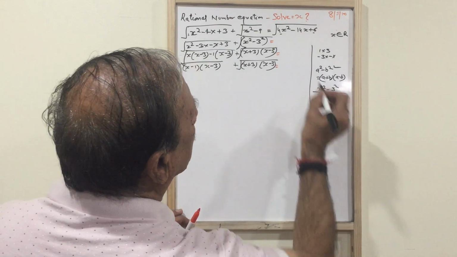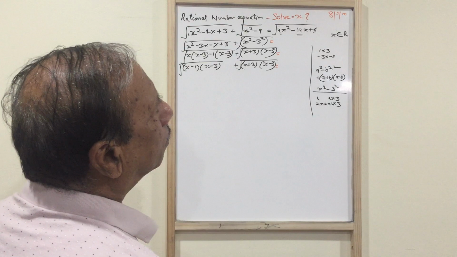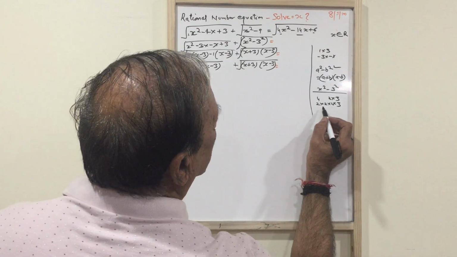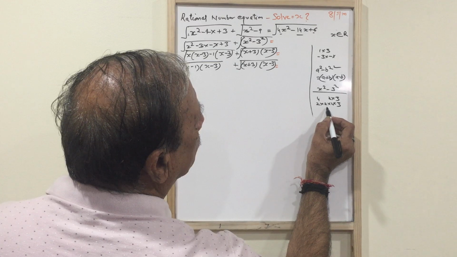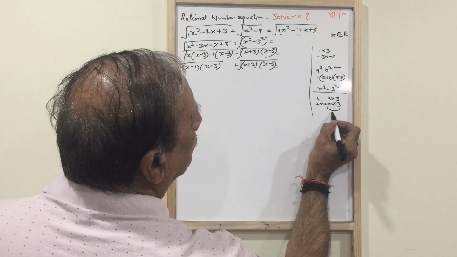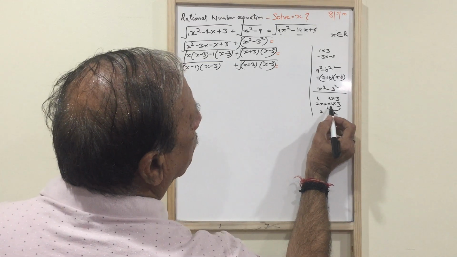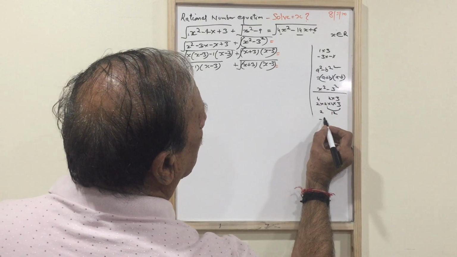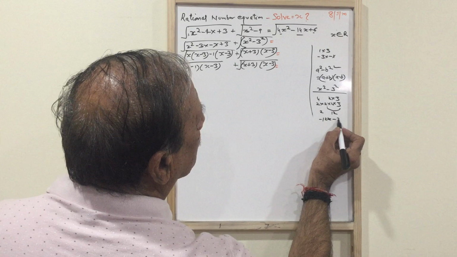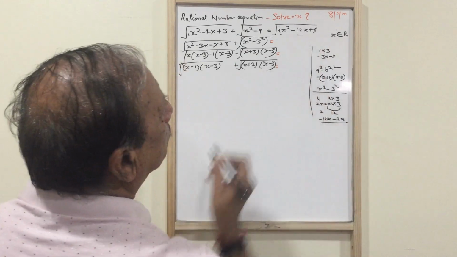We'll make pairs so that we get minus 14. See how we can get it: 12 and 2, if we multiply 12 and 2 we get 24. So we can write minus 12x and minus 2x, that comes to minus 14x.